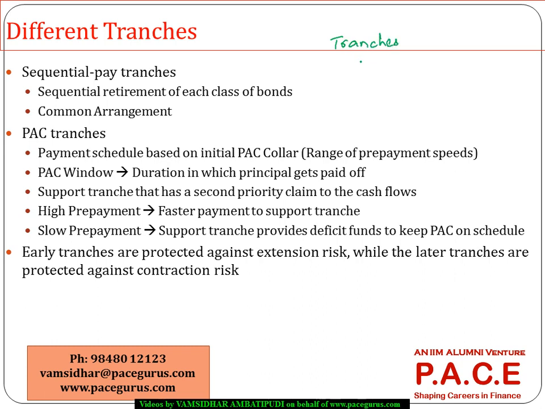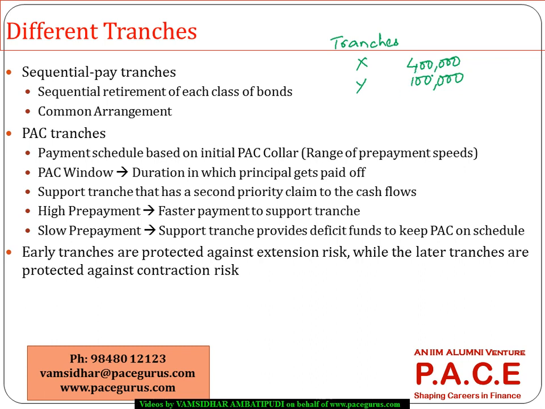Probably I'll call them X and Y tranches, and the principal I will allocate to these tranches. Let's say 400,000 for X tranche and 100,000 for Y tranche. So that's the only thing.